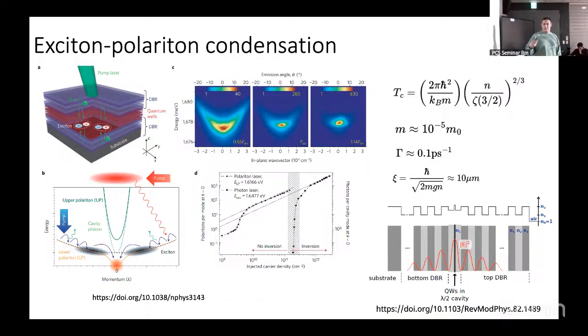So when the number of excitons becomes huge, they start to interact with each other, and this scattering leads to formation of exciton polariton condensate in zero momentum area.